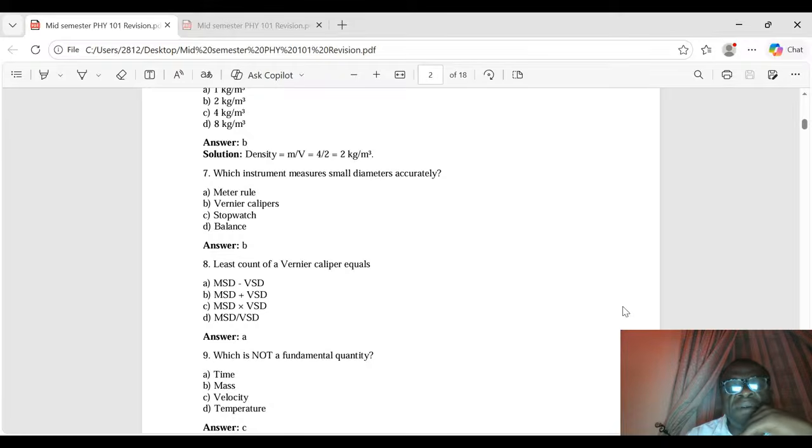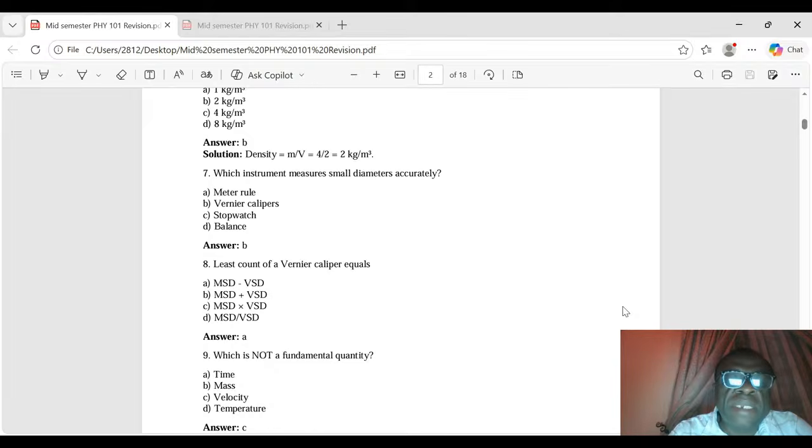Question 8. The least count of a vernier caliper equals to A, MSD minus VSD, B, MSD plus VSD, C, MSD times VSD, and D, MSD divided by VSD.